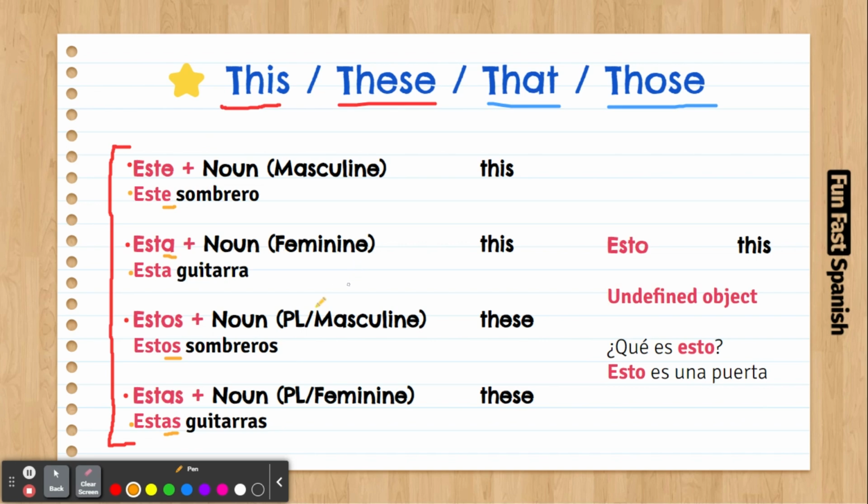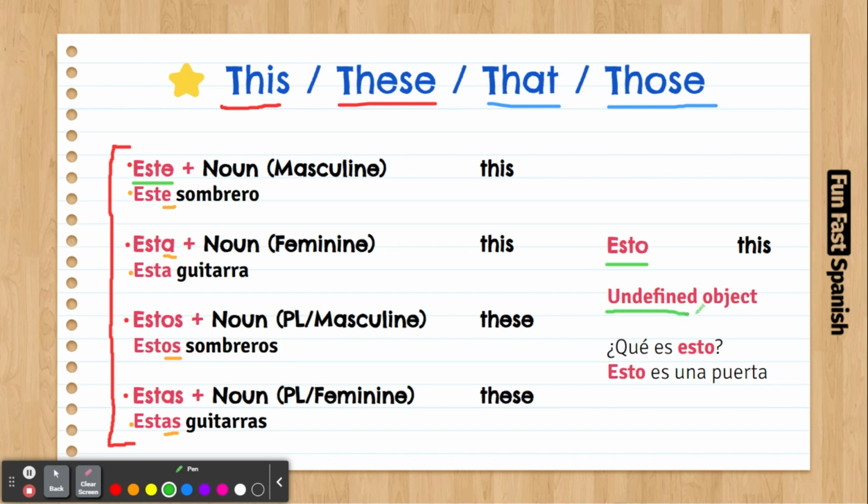One big question I hear a lot is, what is the difference between esto and este? The answer is, esto is used when you don't know the gender of the object. So it's an undefined object.